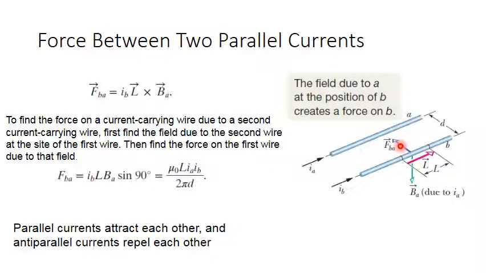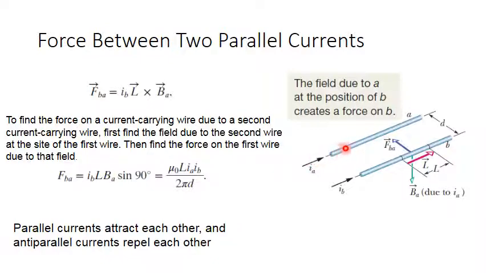In a similar way, the current IB will introduce a magnetic field on the wire A, and due to the magnetic field of the wire B and the current inside the wire A, there will be a force on the wire A.